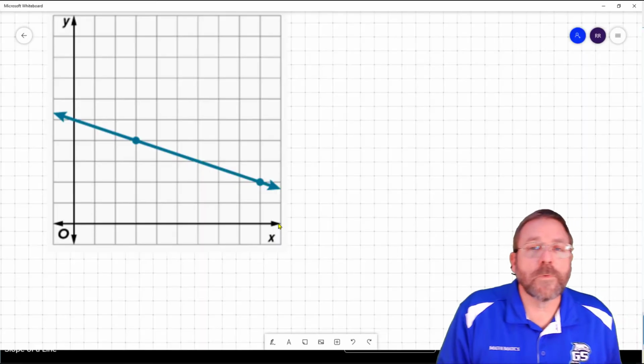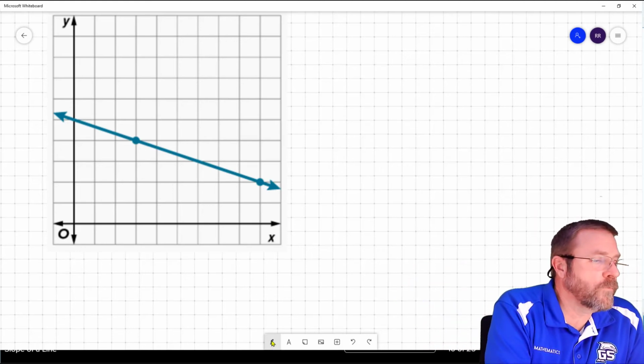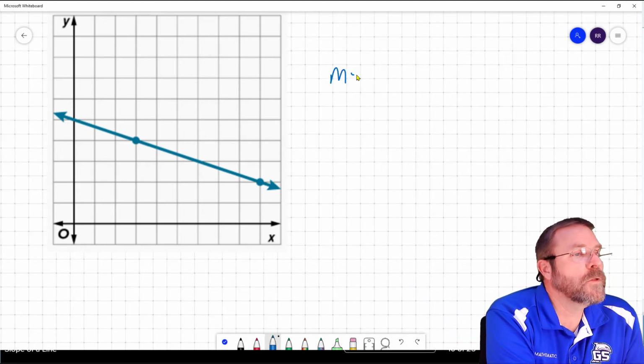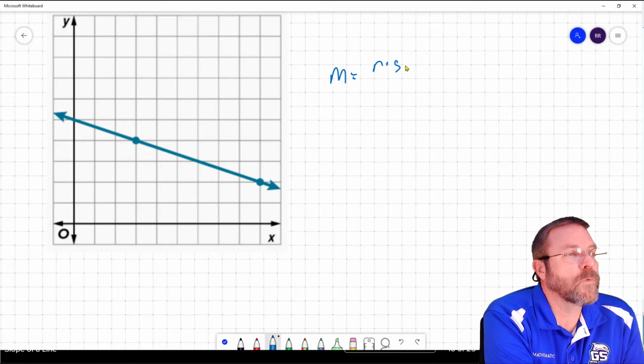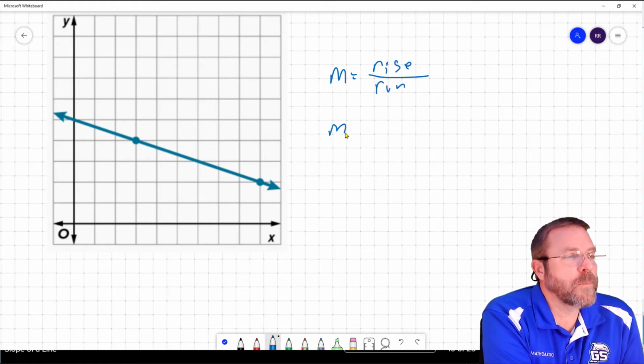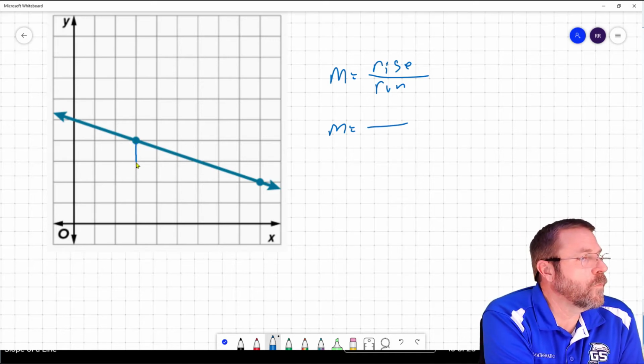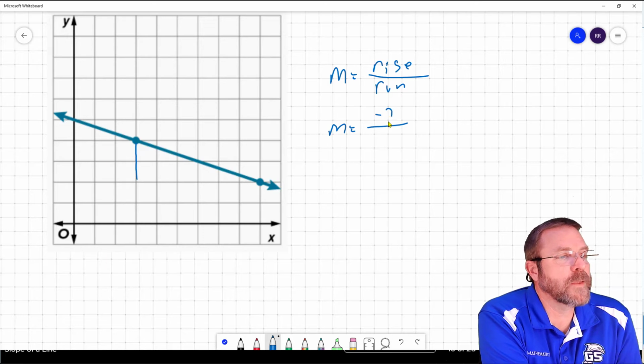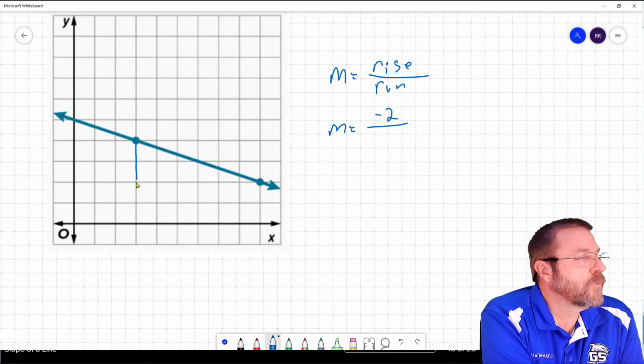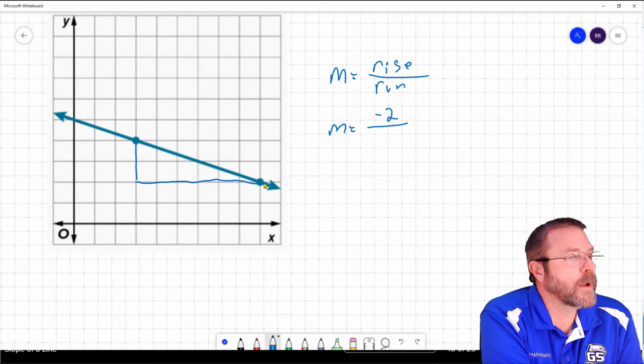Now once again, the first thing we have to do is come up with a formula, and our formula is going to be slope is equal to rise divided by run. This time we're going to have a negative rise because we're going to go down 1, 2 spaces. That's going to give me a -2 over a run of 1, 2, 3, 4, 5, 6.